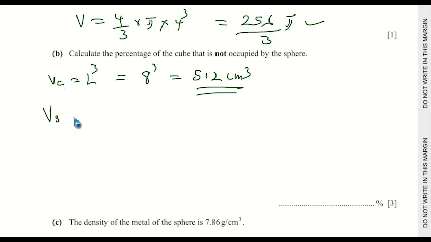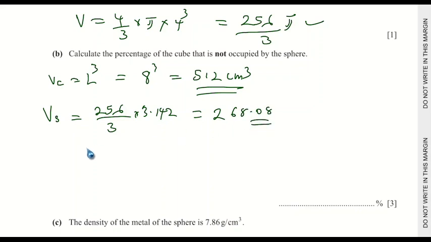Then the volume of the sphere equals 256 divided by 3, multiplied by the value of pi, you can use 3.142, so this will give us 268.08.